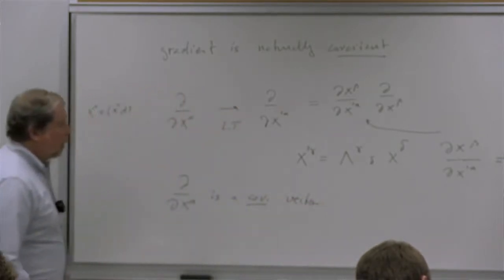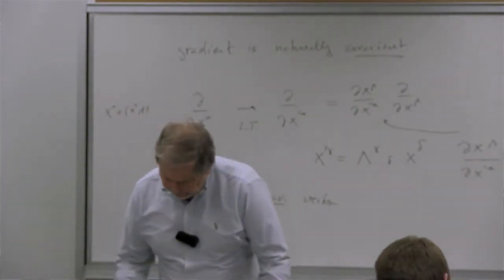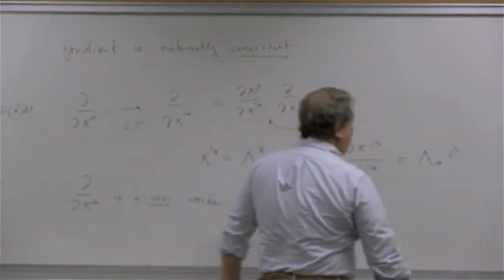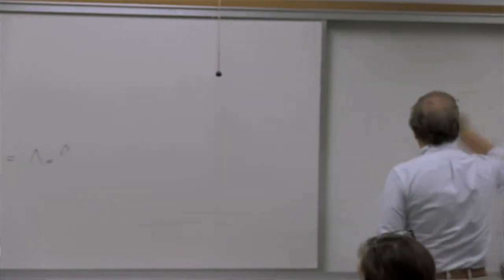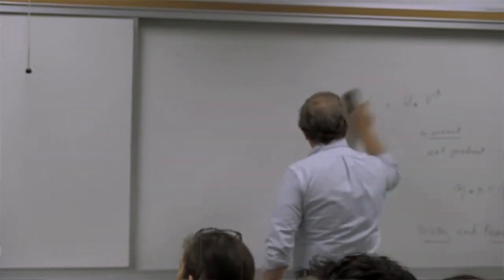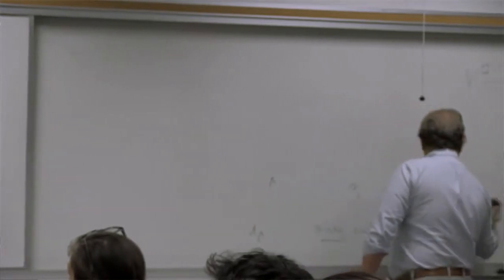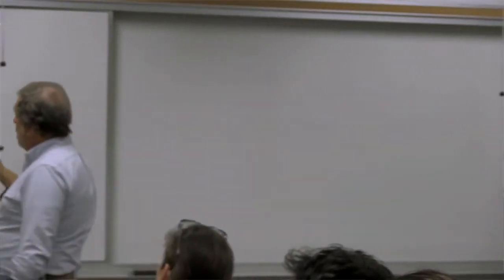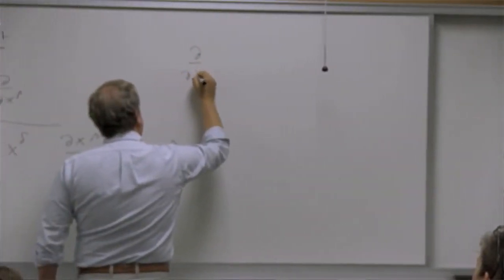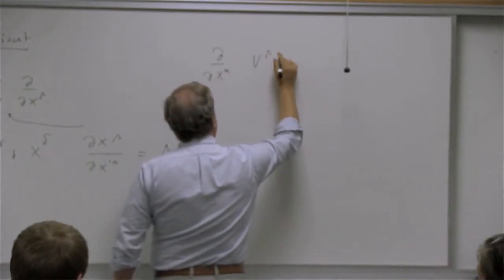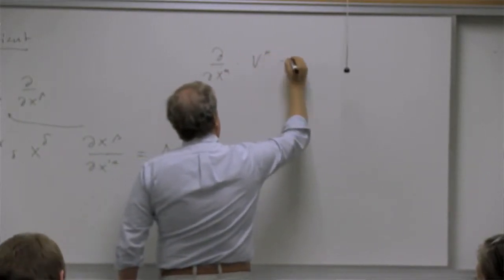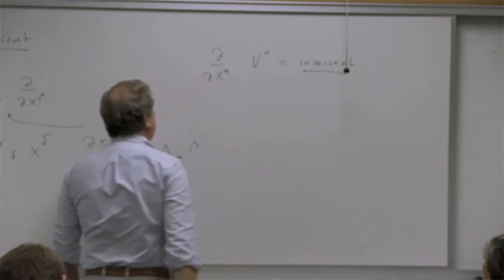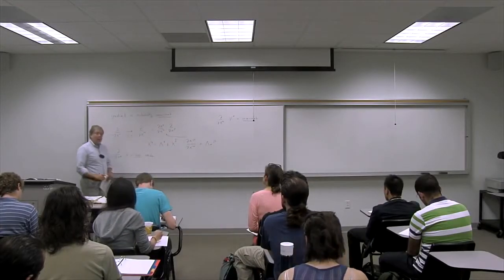That means that if you want to construct an invariant, then you have to multiply it by something that is contravariant, meaning that the index is upstairs. So that means that d by dx alpha times v alpha, this is invariant. So this would be like a 4 divergence.